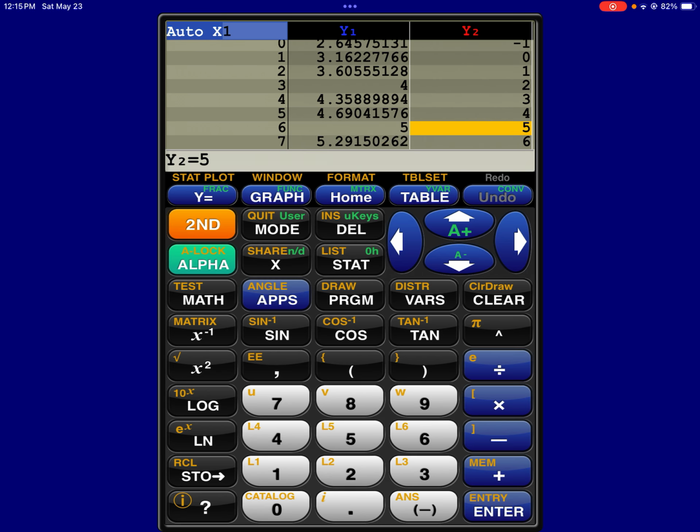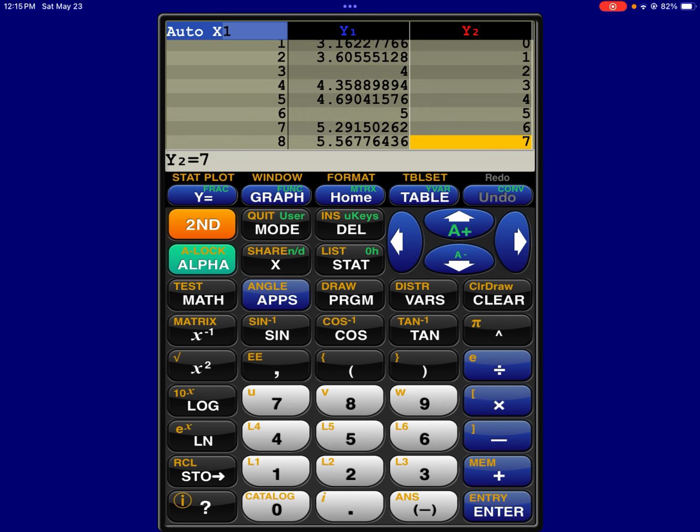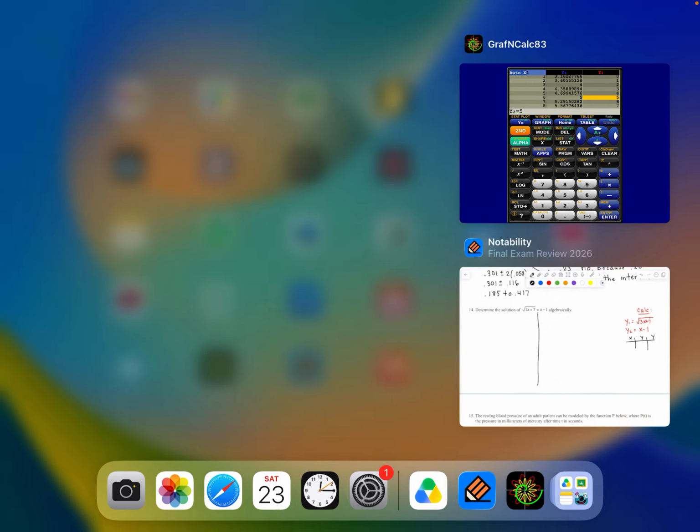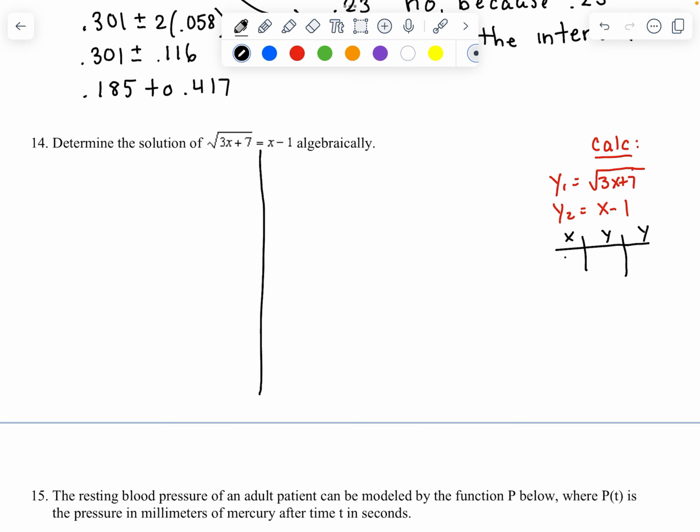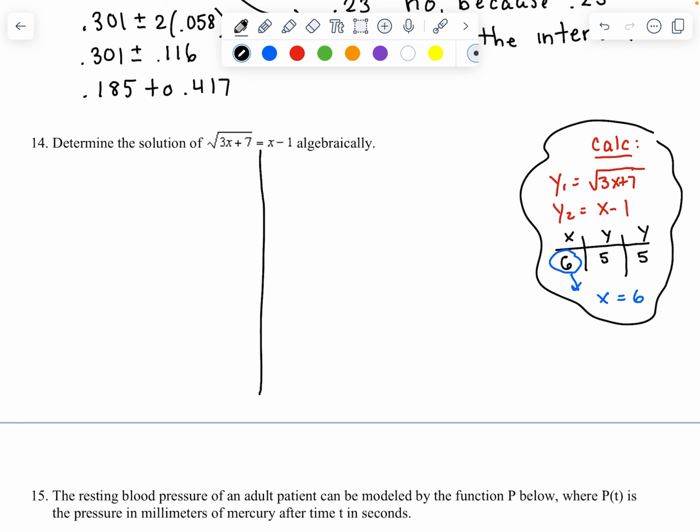Oh, I see it here. 5 and 5. Okay, so it looks like at 6, 5 and 5, those are the same. So what is going to be an answer? 6. So if you just show this right here, it is going to give you half credit.